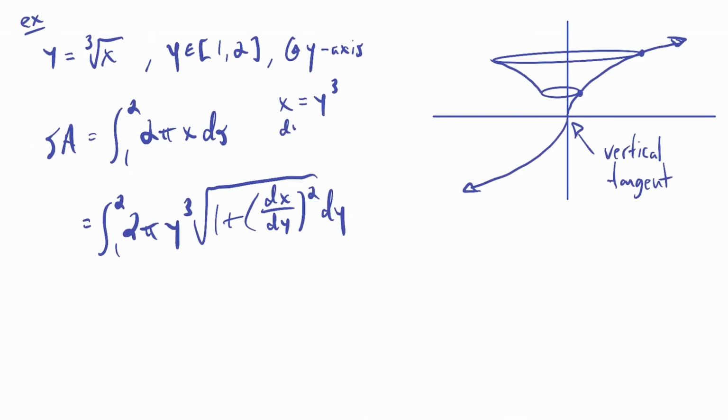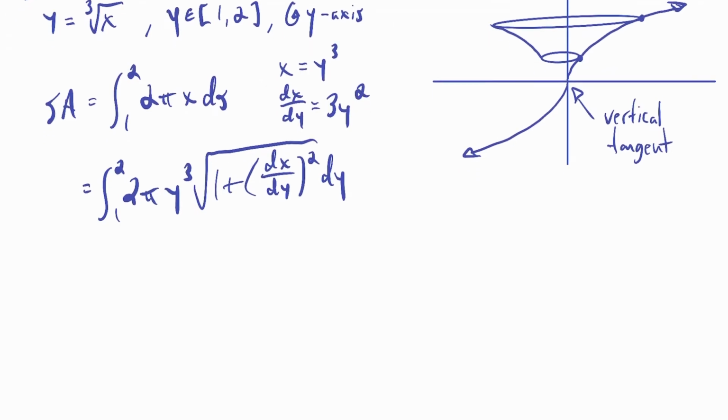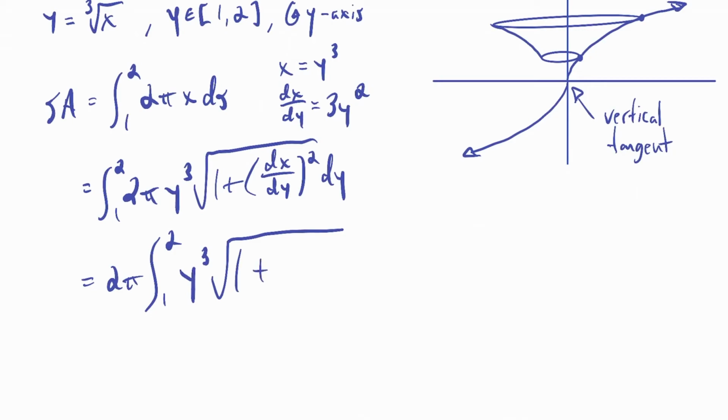So dx dy will be 3y squared. Let's move that 2 pi: 2 pi integral from 1 to 2 of y cubed times the square root of 1 plus this guy squared, so 9y to the fourth.